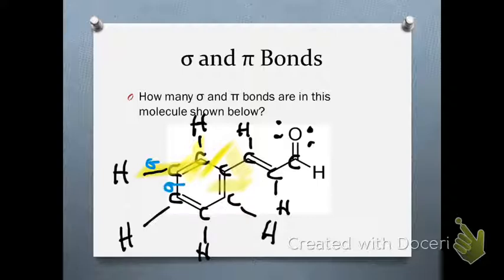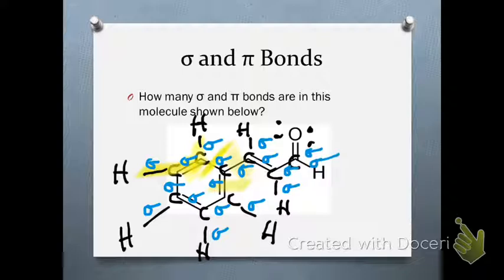So sigma 2, 3, 4, 5, 6, 7, 8, 9, 10, 11, 12, 13, 14, 15, 16, 17, 18. 18 sigma. So my answer would be 18 sigma.